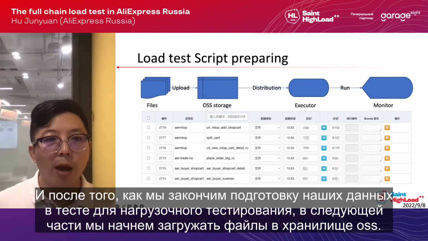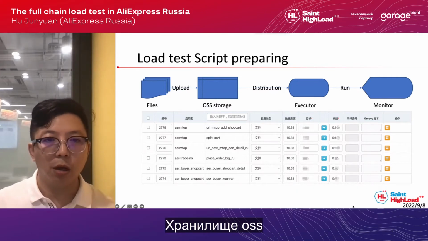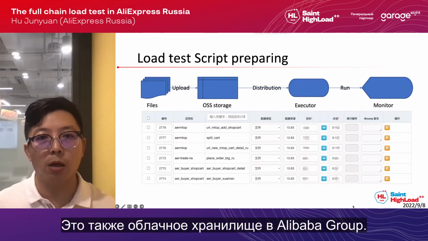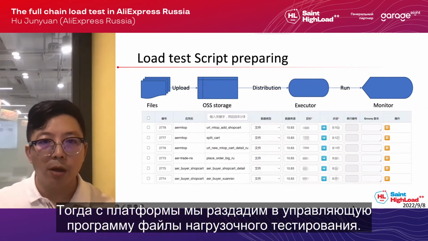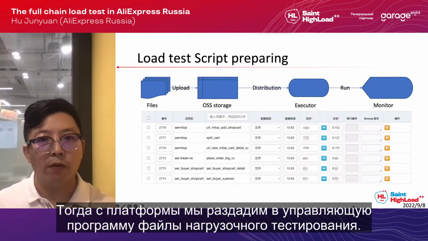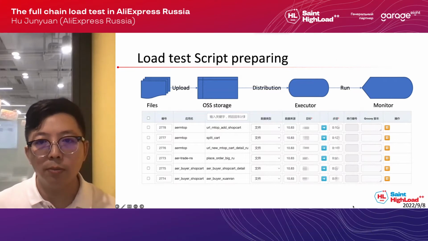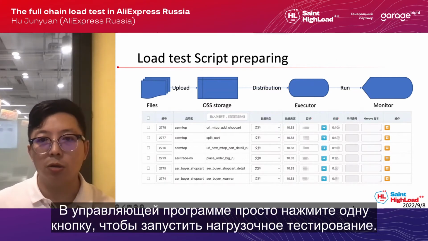then in the next part, we start to upload the files to the OSS storage. OSS storage is also a cloud storage in Alibaba Group. Then from the platform, we will distribute the load test files to the executor. In the executor, we just do a one-button click to run the load test.